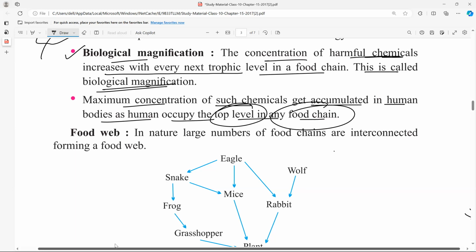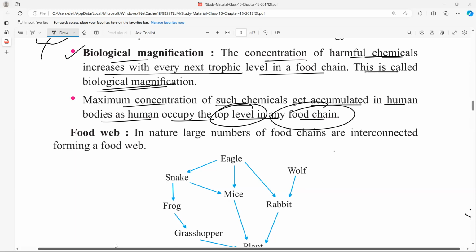This DDT is transferred to the animals that are eating the plants, like deer, and deer is eaten by some other organism, like human beings. In some countries they used to eat deer. So the concentration of this is increased.